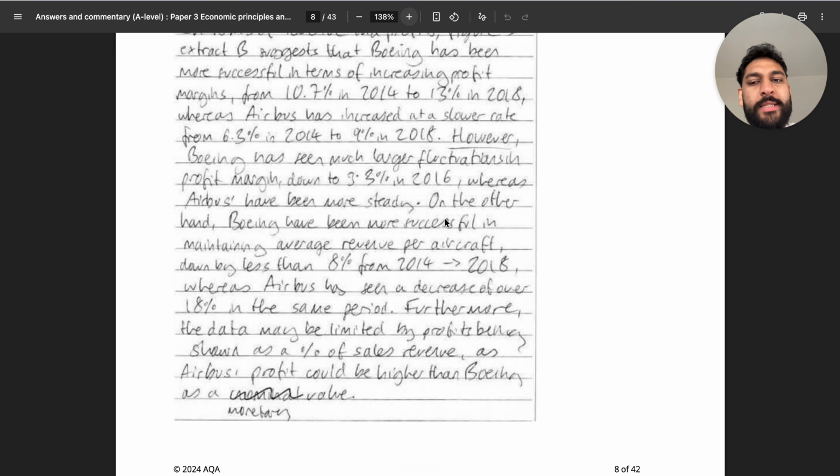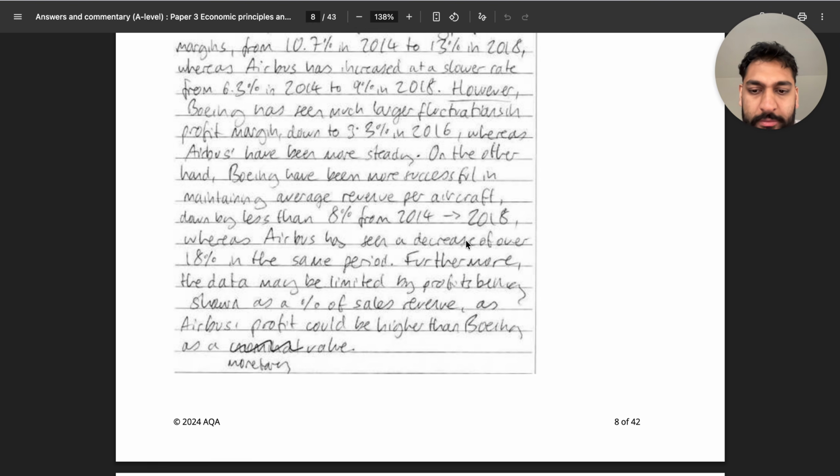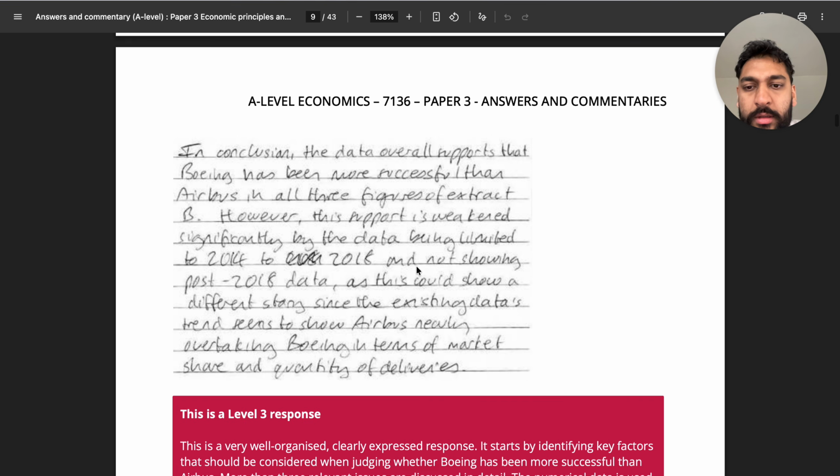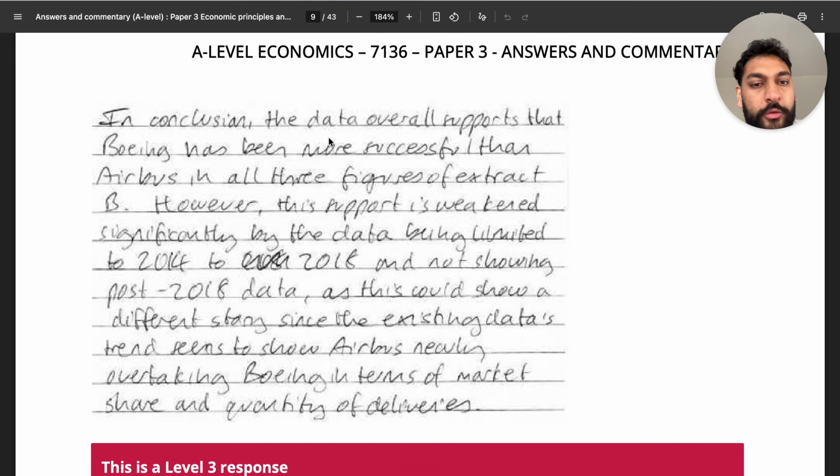It also says that Boeing has been more successful in maintaining average revenue per aircraft, down by less than 8% from 2014 to 2018, whereas Airbus has seen a decrease. In conclusion, the data overall supports that Boeing has been more successful.